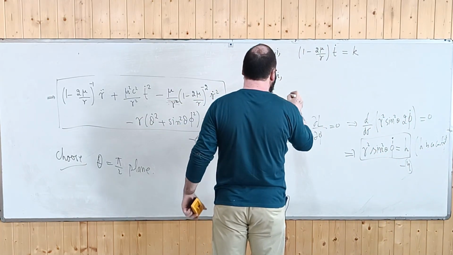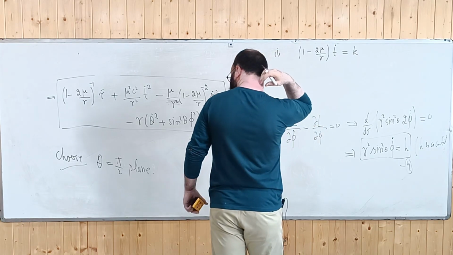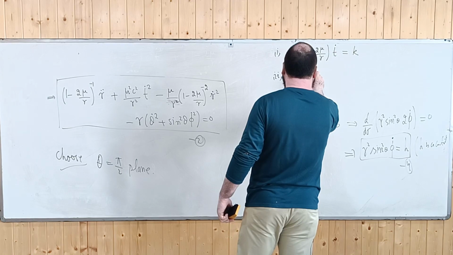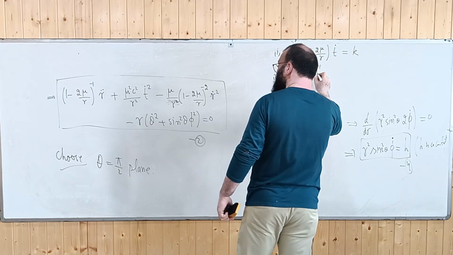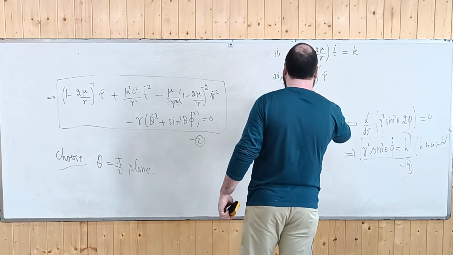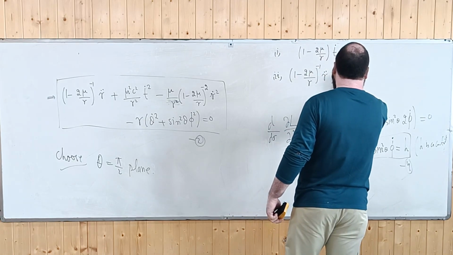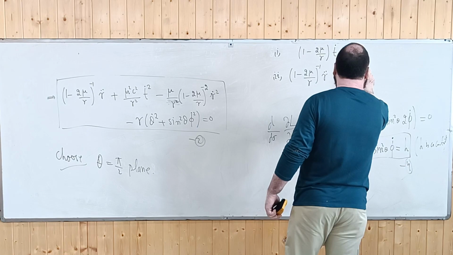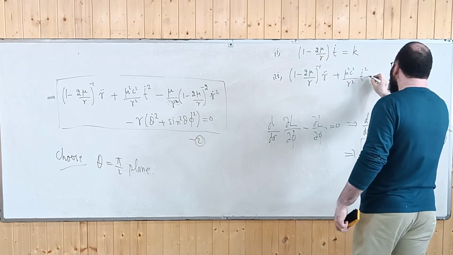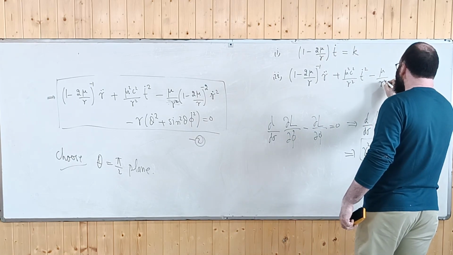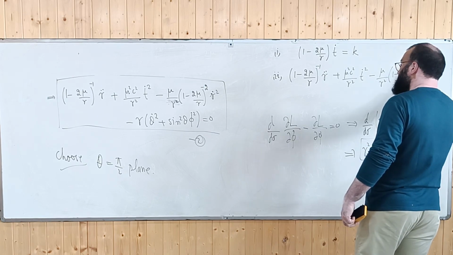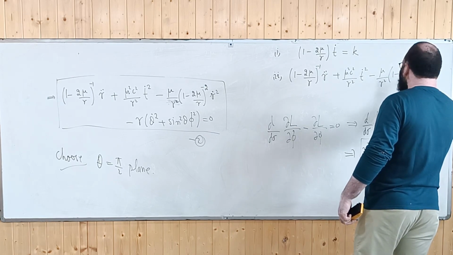So let's look at this. It is (1 minus twice mu by r) raised to the power minus 1, r double dot, plus mu square c square by r square t dot square, minus mu by r square (1 minus twice mu by r) raised to the power minus 2, r dot square.